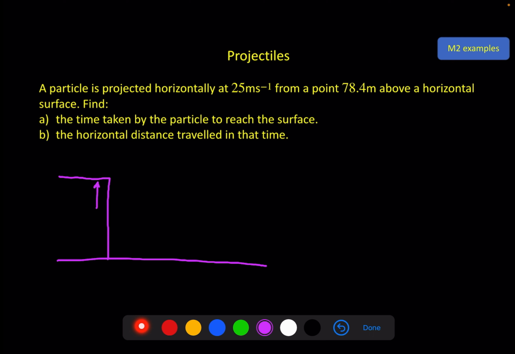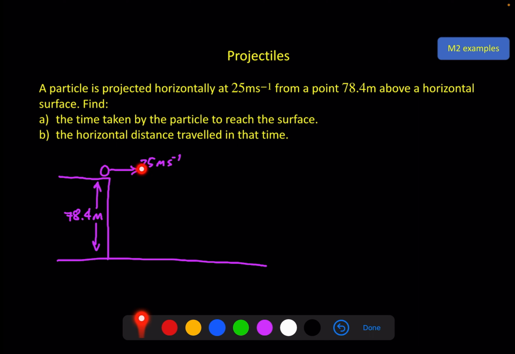So here we've got a vertical distance above horizontal ground of 78.4 meters. The particle here is being projected horizontally at 25 meters a second. Now that might not seem like a lot of information, but remember, if it's moving under gravity only, which it doesn't specifically say in the question, but we're assuming it is, then we know the acceleration as well.